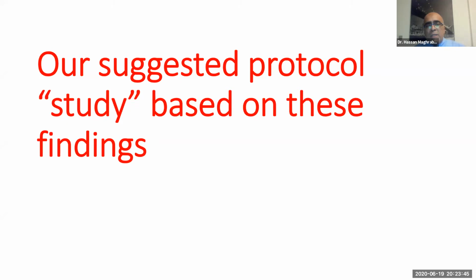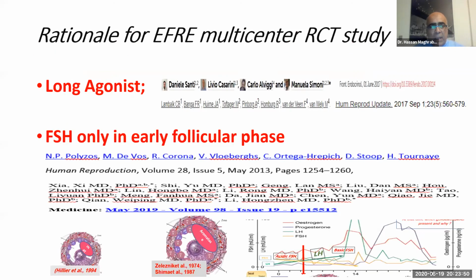So our suggested protocol study was based on these findings. Number one, that long agonist is not a bad idea in normal responders, in Santi and in Lambalk meta-analysis. The second thing is that FSH only in follicular phase is working, both in the study of Polyzos and the study of Zia et al.